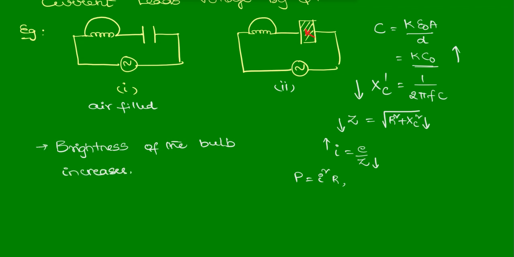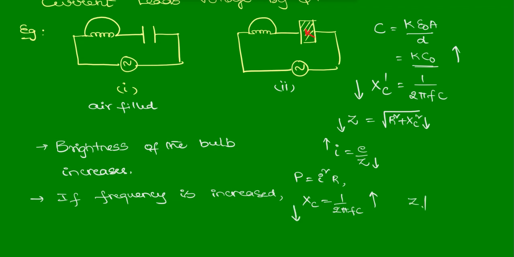The same question they may ask you like this: if frequency is increased, then as Xc is equal to 1 by 2 pi f C, with increase in frequency, Xc decreases. If Xc decreases, Z will also decrease.